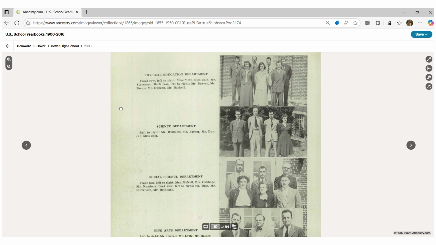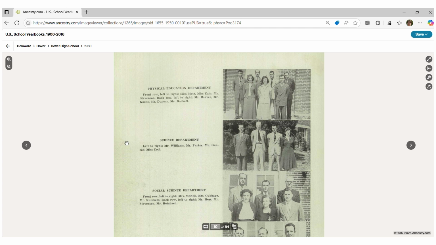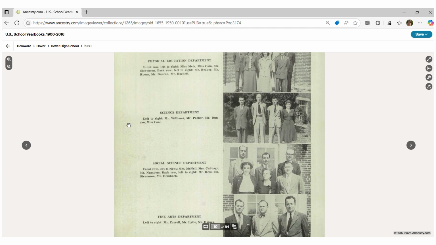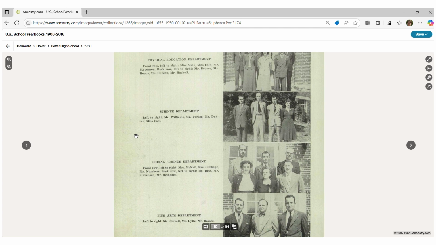So, here we have the physical education department. We have the science department. This is, I think, an interesting thing to be able to see. If your ancestor was this gentleman here on the left, then you know a little bit more about him, and you know that he worked in science, and we know a little bit about his personality and interests. Same thing with this young lady over here, Miss Cool.